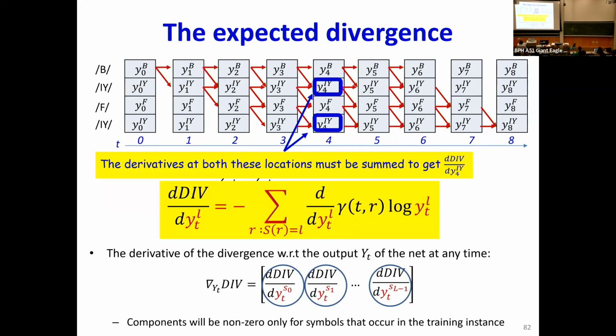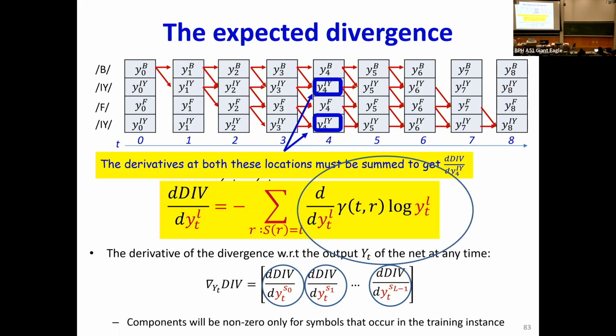And so when I compute the derivative of the divergence with respect to the probability assigned to the symbol E, I would have to sum over all of the rows that invoke the phoneme E. Okay, this clear?